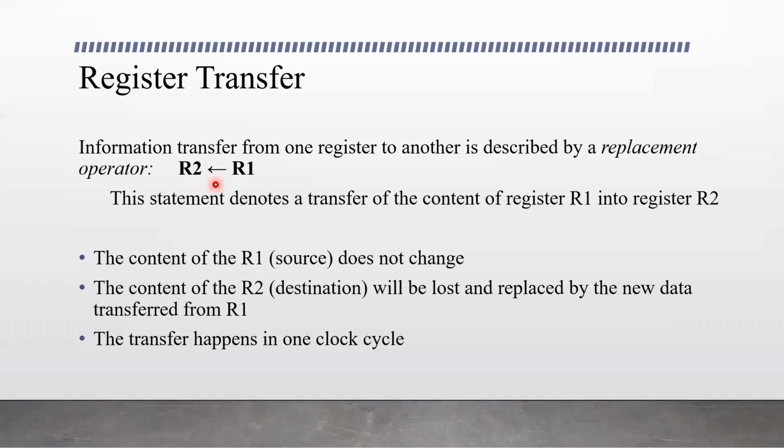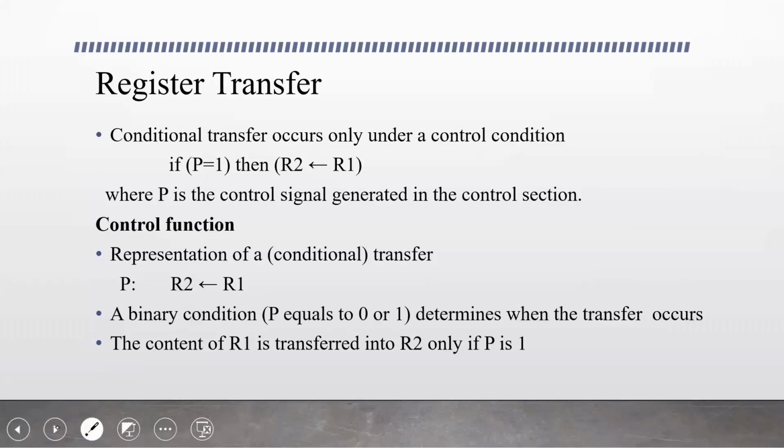In other words, it transfers the content of R1 into R2. When this transfer happens, the content of R1 does not change, but the old content of R2 is lost and replaced by the content of R1. And this operation happens in one clock cycle.